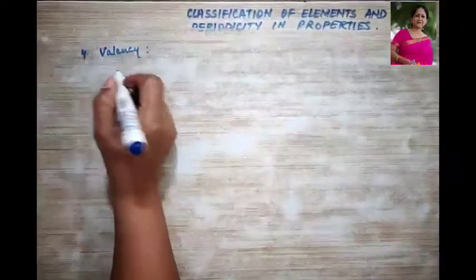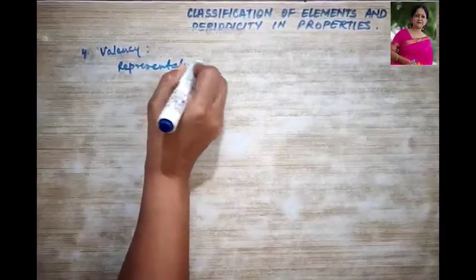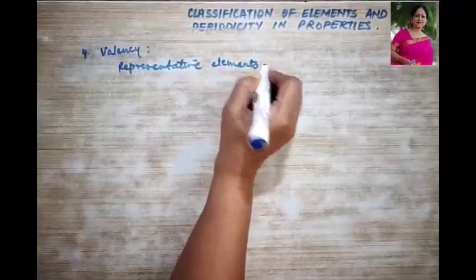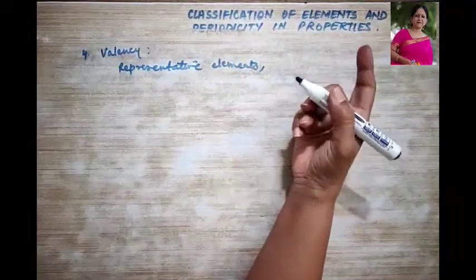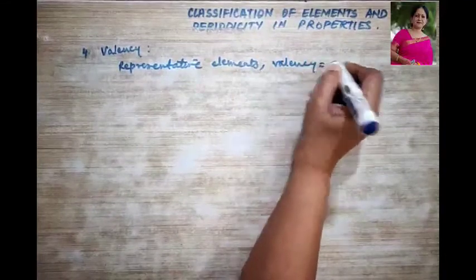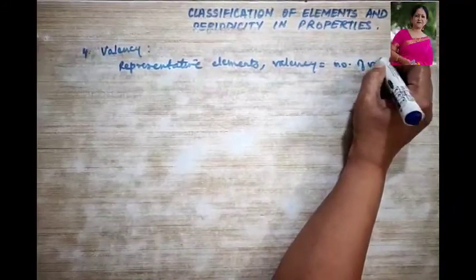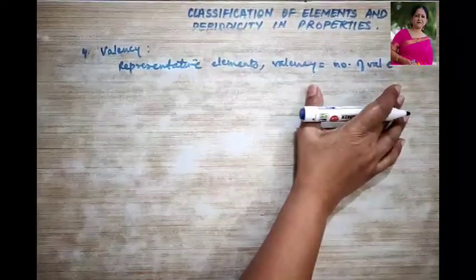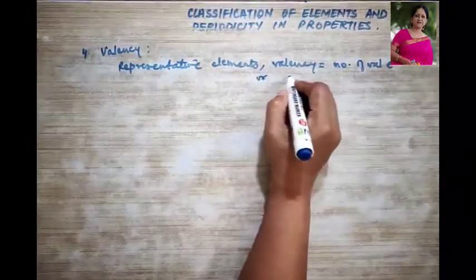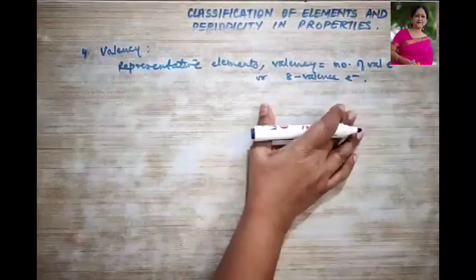So, in case of representative elements, the valency is generally equal to the number of valence electrons, or you may say it is equal to 8 minus the number of valence electrons, right?